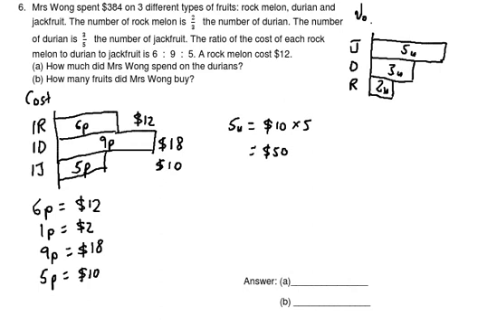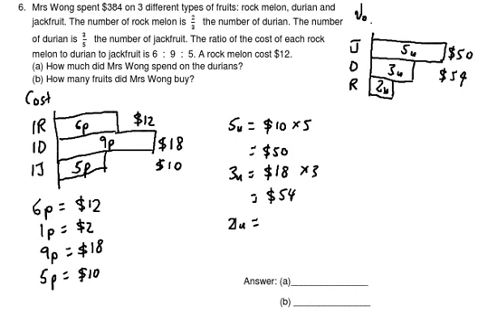Okay, so I know that 5 jackfruit actually costs $50, right? Okay, now I have 3 durian. Each durian costs $18, right? And I've got 3. How much does 3 durian cost? $54. And then in one set, I have 2 rock melon, right?